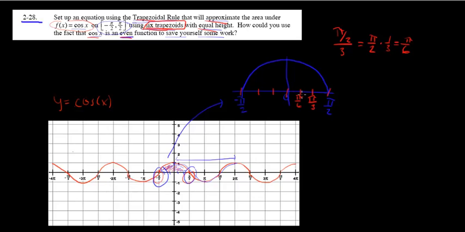So 0 plus pi over 6 is pi over 6. Pi over 6 plus pi over 6 is 2 pi over 6, which is pi over 3. 2 pi over 6 plus pi over 6 is 3 pi over 6, or pi over 2. So it looks good. And we do the same thing on the left. So we have those regions defined.